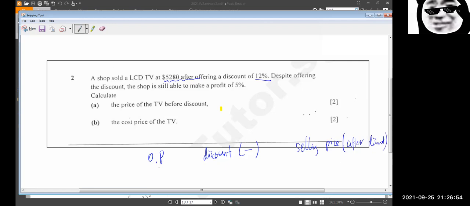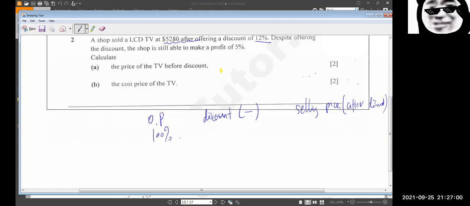So the original price is always 100%. The discount in this case is 12%. Since it's discount, you minus, so that's why the selling price is actually 88%. And the 88% corresponds to this 5280.